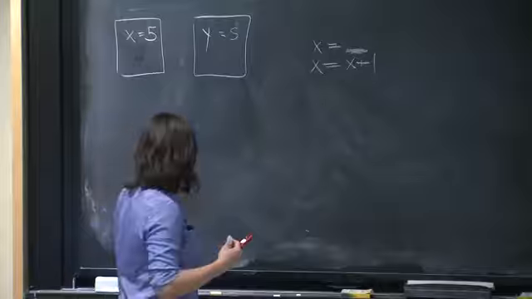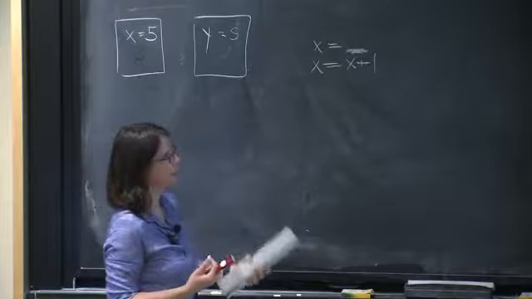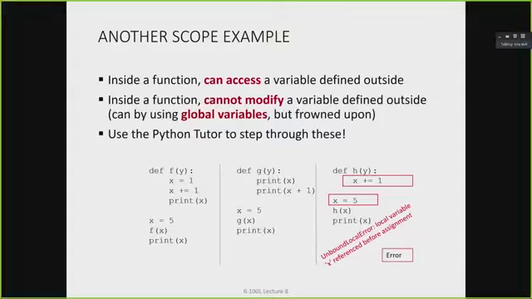Okay. It's just a nuance of Python, but it's kind of important to understand that you can access variables, but you can't change variables outside of your scope. The middle one just accesses a variable, adds 1 to it, and prints it. But we never said x is equal to this value.